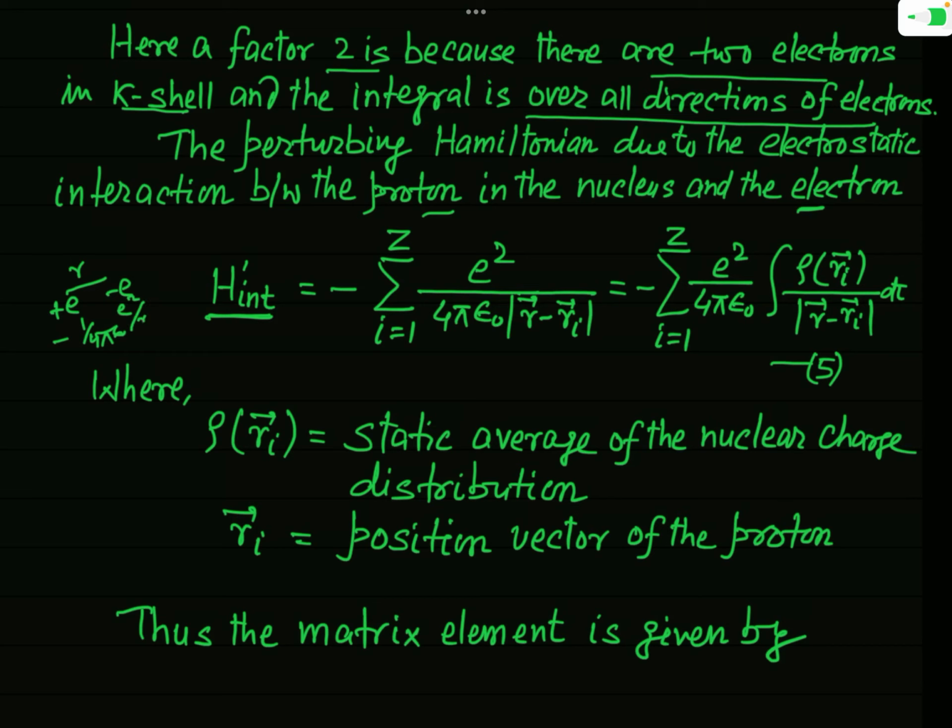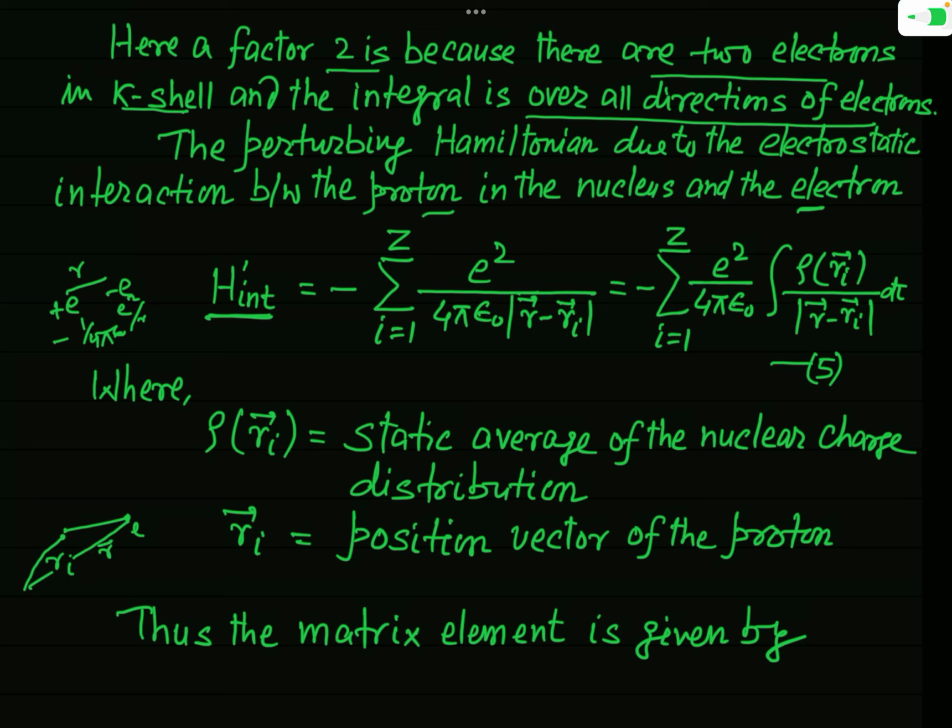But here we have considered that our nucleus is situated at this position, and the position vector of the nucleus is R_i relative to some origin, let us say this, and here is your electron, and the position vector of this electron is, let us say, r.